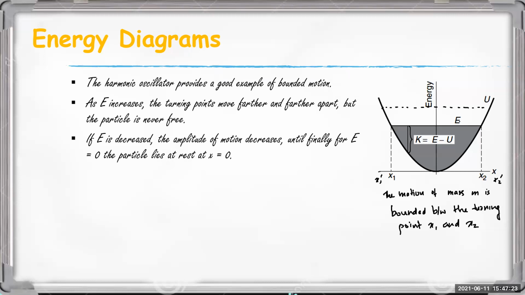If the total energy is equal to 0, what happens? Then x1 and x2 will be at this point, the equilibrium point, x is equal to 0. If the energy lowers to 0, the particle will lie at x equal to 0.